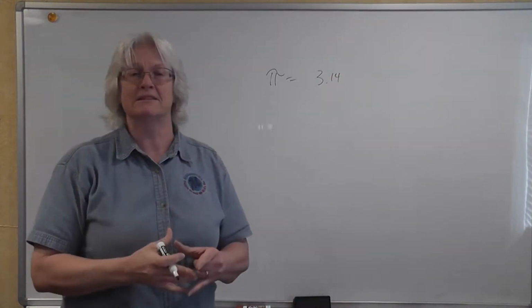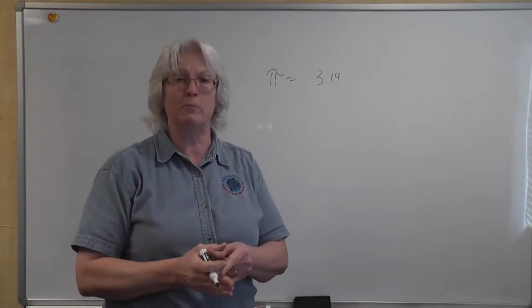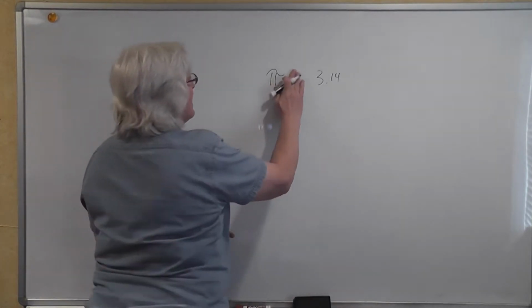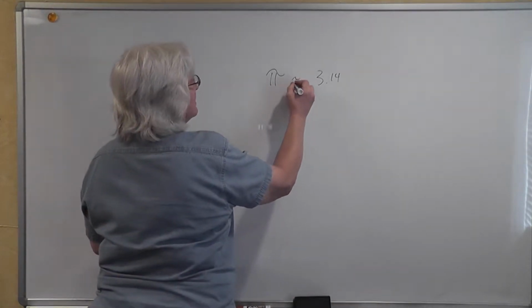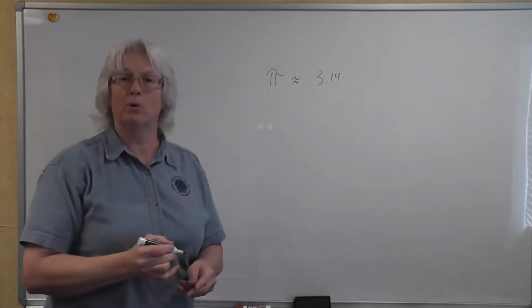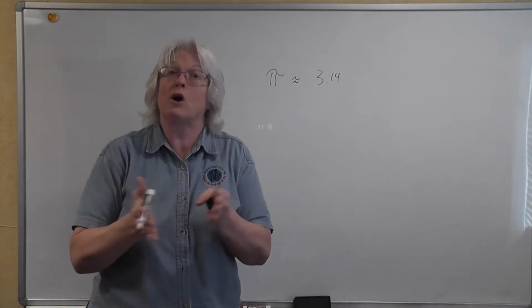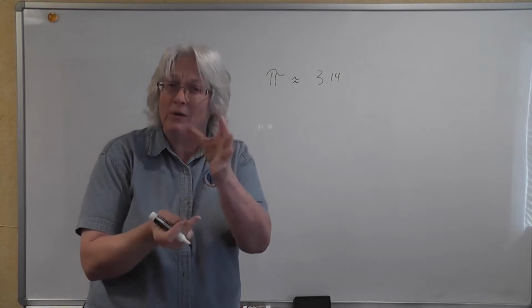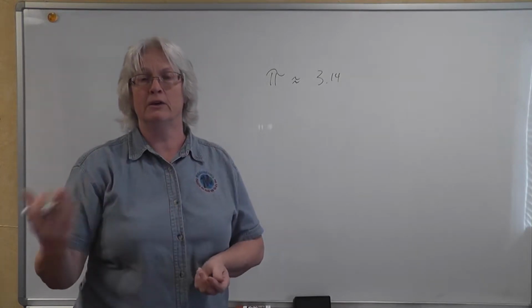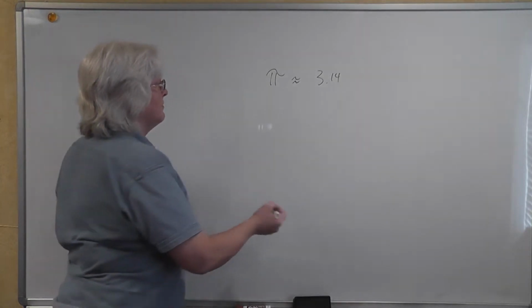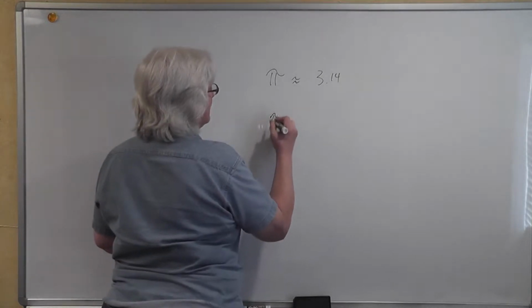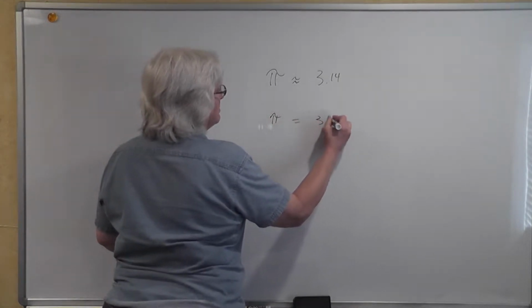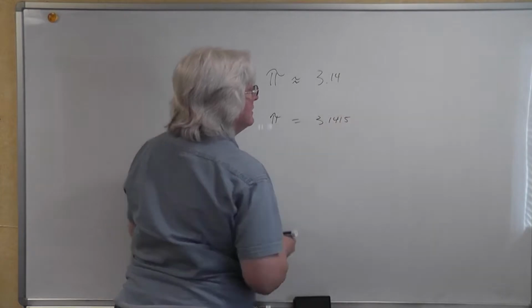Well, pi isn't equal to 3.14. Pi is approximately equal to 3.14. That's an approximation. You know, pi is about 3.14. And then you might have moved along a little bit further. Some of my kids have said, no, pi is equal to 3.1415.